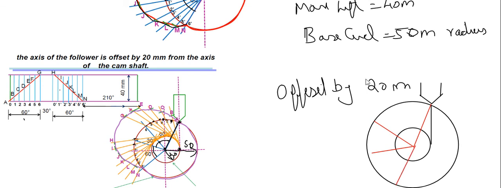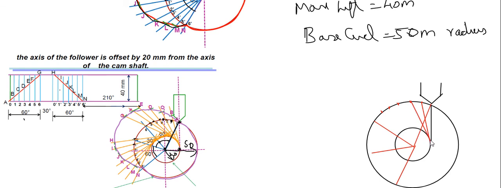And we are dividing that into 1, 2, 3, 4, 5, 6. Let's assume that is 6. Then let's erase that offset. We should be able to mark tangents from these positions to the circle, like this, towards this point. A tangent is just a line touching the circle. Like this, you will get tangents to the offset circle.